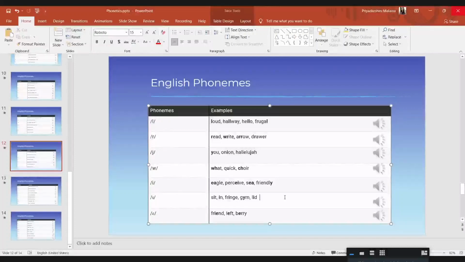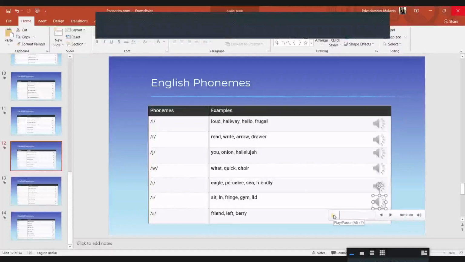So the one with eagle, perceive, using the small i as a symbol, is the badi e pronunciation, and the one using the capital I uses the choti e pronunciation. Let's give this a listen as well.